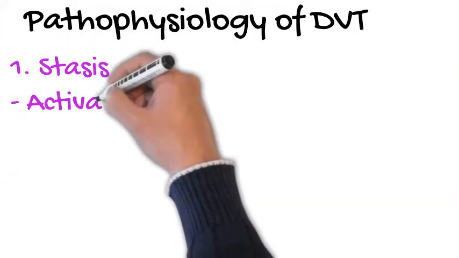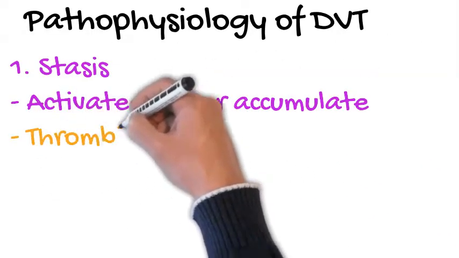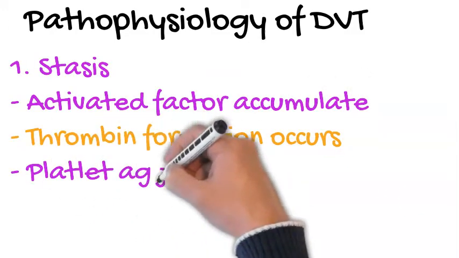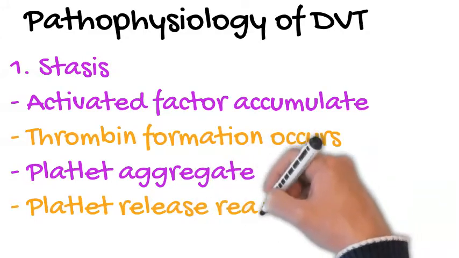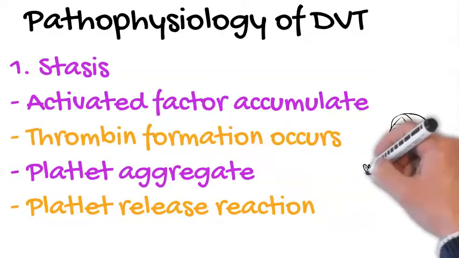Pathophysiology of deep vein thrombosis involves stasis, fibrin formation, clot retraction, and propagation. For stasis, there is activated factor accumulation, thrombin formation occurs, platelets aggregate, and platelet release reaction.